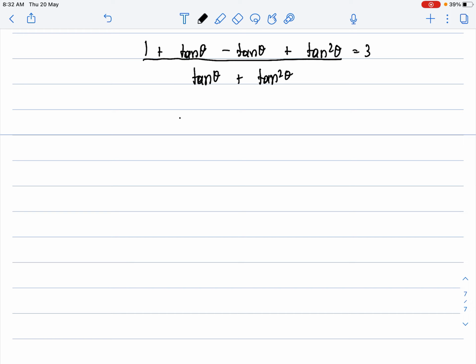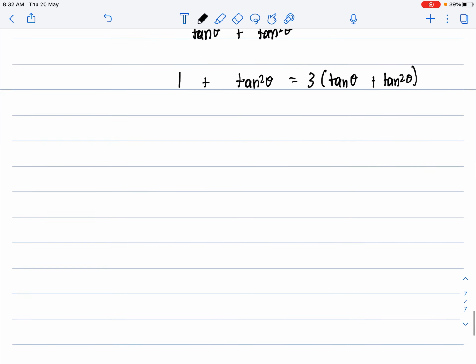So now I can write this basically as 1 plus tan square theta, because both of these will get cancelled out because of the minus, equals to 3 into tan theta plus tan square theta, correct? So now I can write this as 1 plus tan square theta is equal to 3 tan theta plus 3 tan square theta.